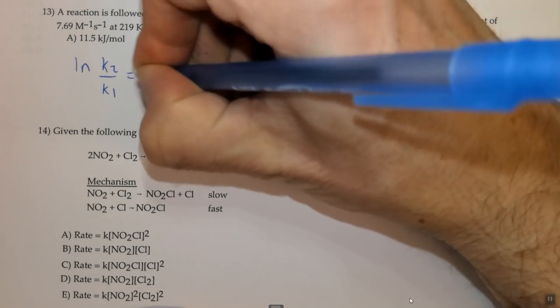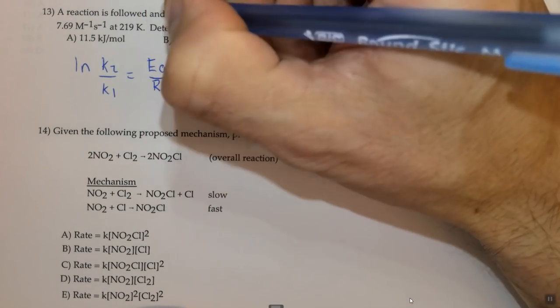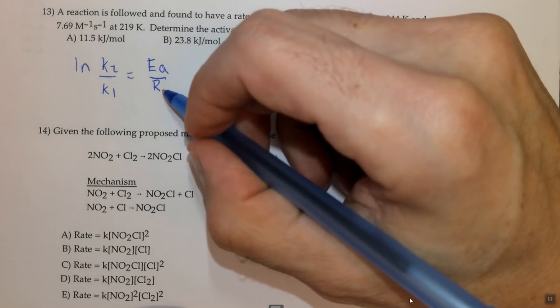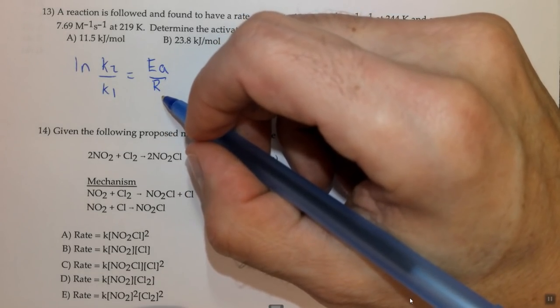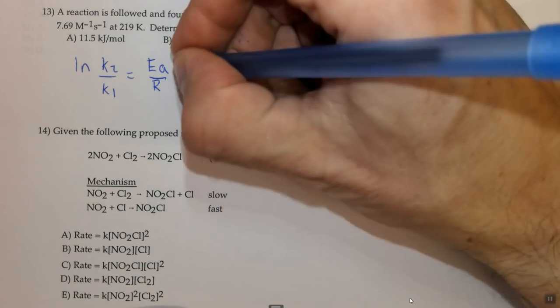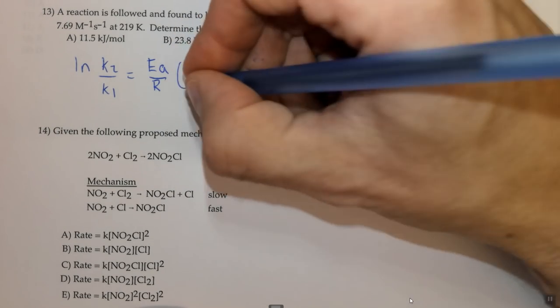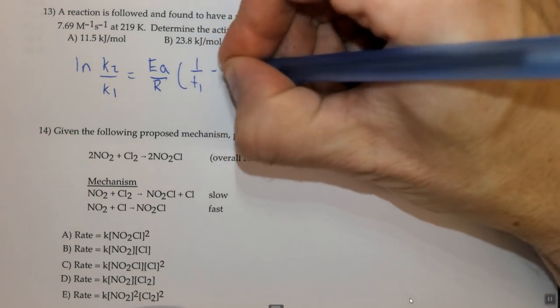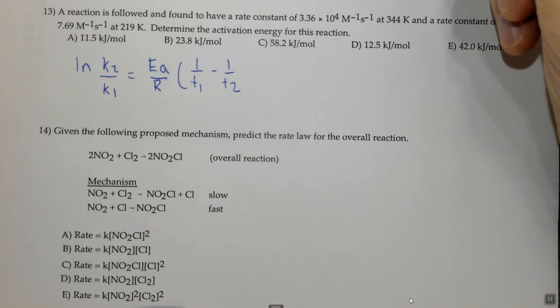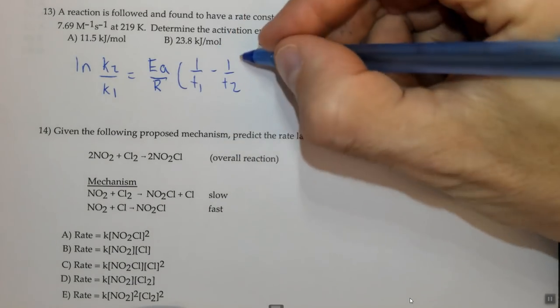So the ln of k2 over k1 equals Ea over R, this is the 8.314 R, so the one in joules, times 1 over T1 minus 1 over T2, where your temperatures need to be in Kelvin.